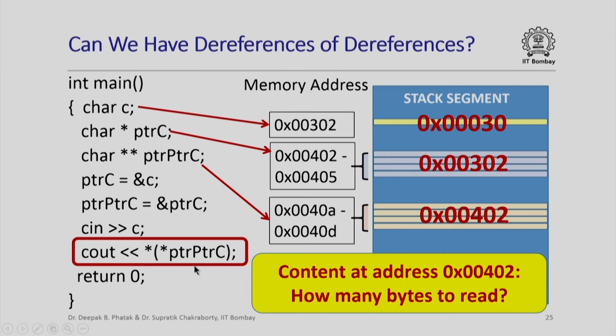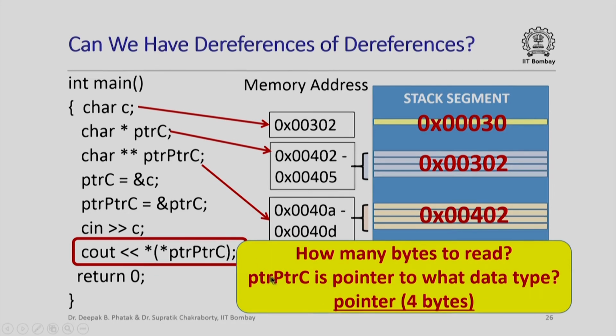To answer that, we have to go back and ask what is the type of pointer C. Basically it is a pointer to what? Pointer C, we know from this declaration, is a pointer to a character pointer. Therefore it is pointing to a character pointer, and a character pointer, like any other pointer, is an address. If all memory addresses can be stored in 32 bits, a character pointer would require 32 bits or 4 bytes.